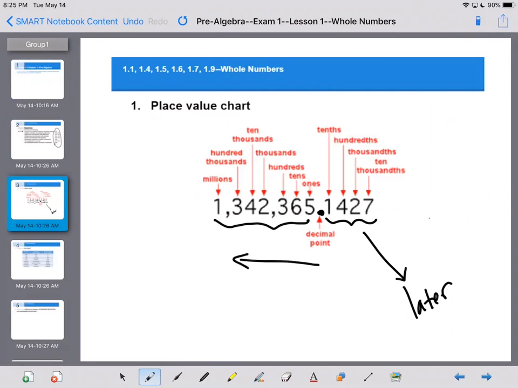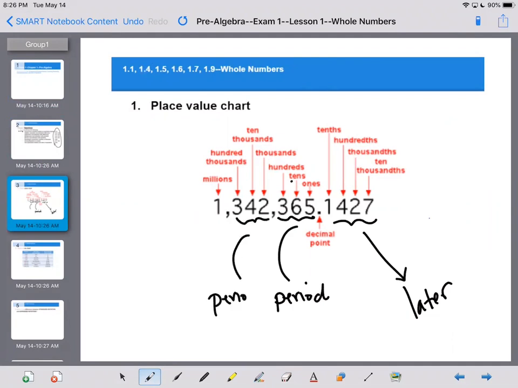So we're looking at the ones, the tens, hundreds, thousands, 10,000s, 100,000s, and millions. What you also see with this is you'll see these 3 place values. Okay, that's called a period when I mentioned that in class. Okay, so you have a period and it has 3 place values that contain in a period.